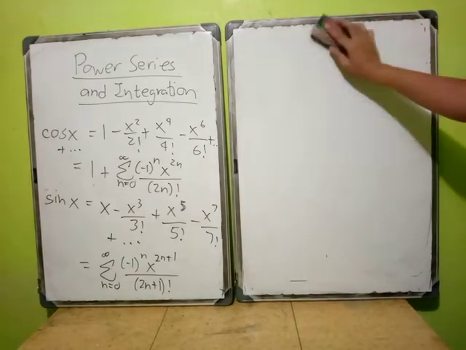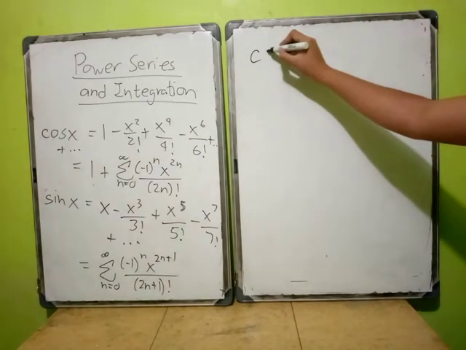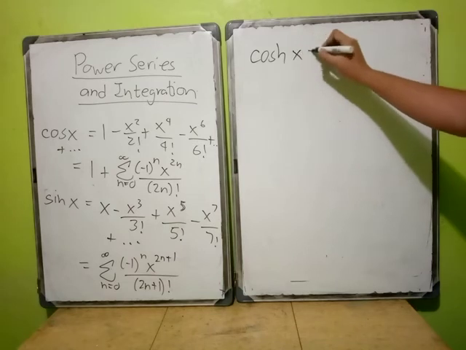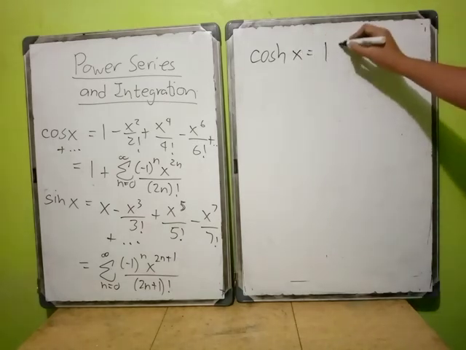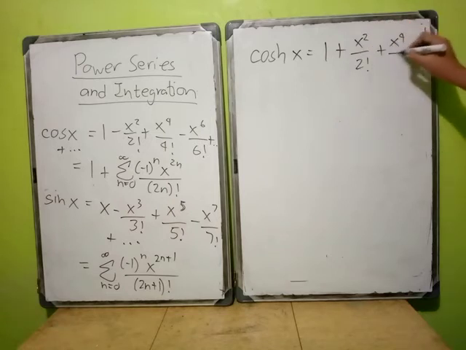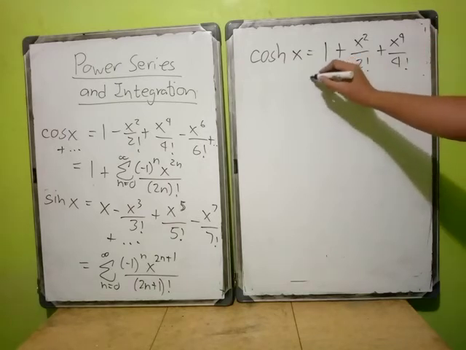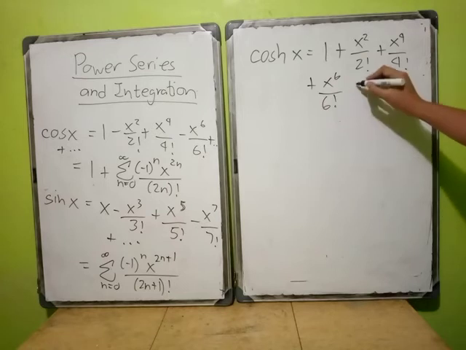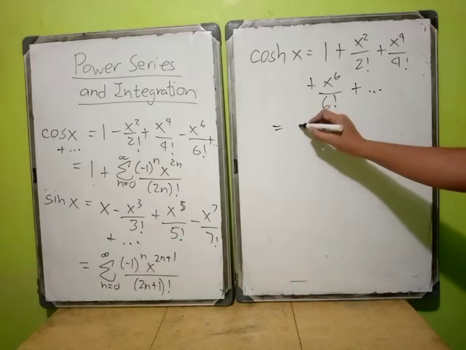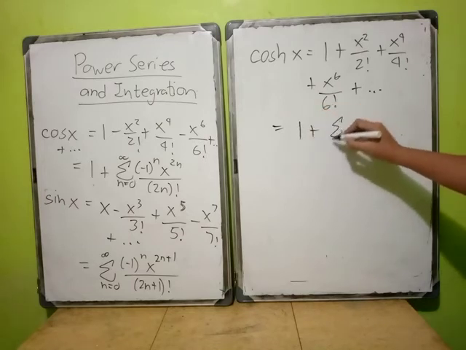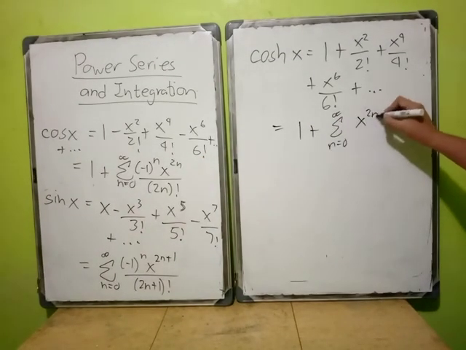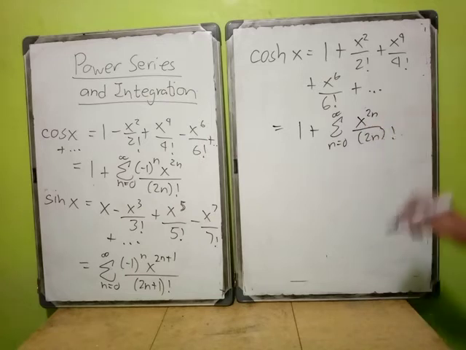And then others will be hyperbolic functions. For example, hyperbolic cosine of x is equivalent to 1 plus x squared over 2 factorial plus x fourth over 4 factorial plus x to the 6 over 6 factorial plus, and so on to infinity. So it's equivalent to 1 plus the sum from n equals 0 to infinity, with no negative 1 to the n, of x to the power of 2n over 2n factorial.